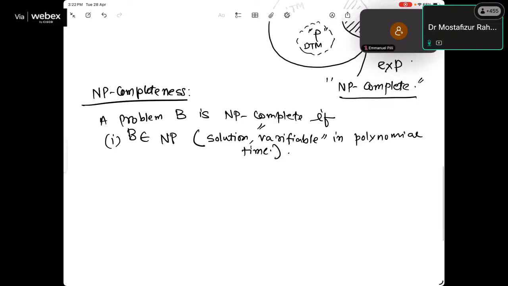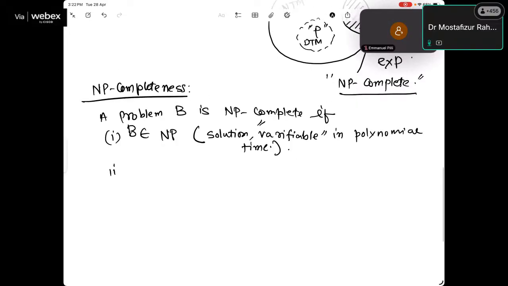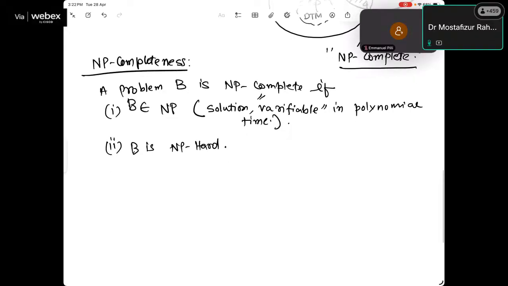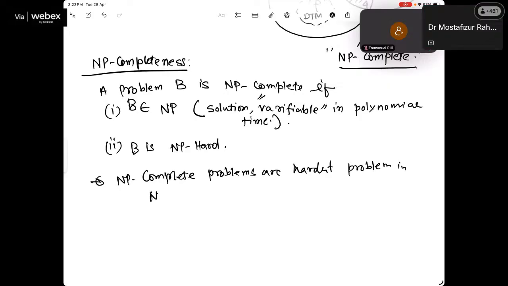And secondly, B is NP hard. Every problem in NP reduces to B, right? So NP complete problems are the hardest problems in NP.